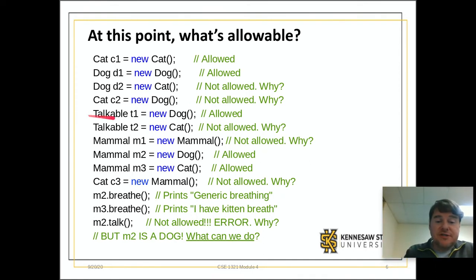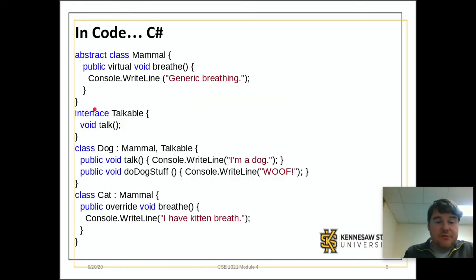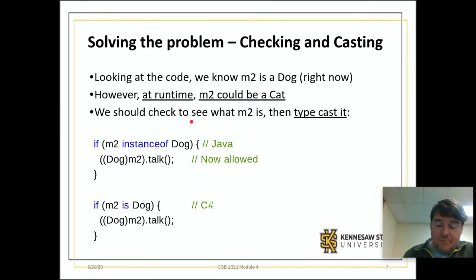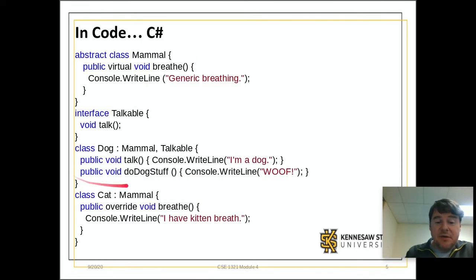All right, so let's talk about this one, because I don't think we've ever actually seen this example. Talkable is an interface, remember? So can I say an interface name T1 gets new dog? And the answer is yes. Because dog is implementing talkable, it's actually okay to have the type of the variable be an interface and the child be a child that implements that interface.